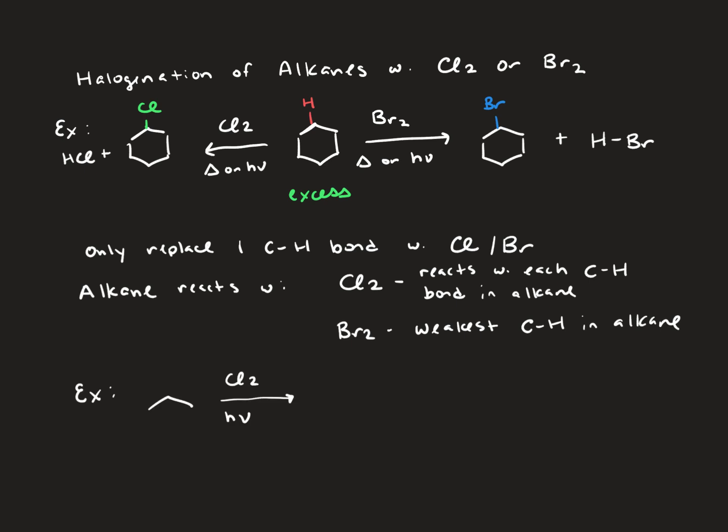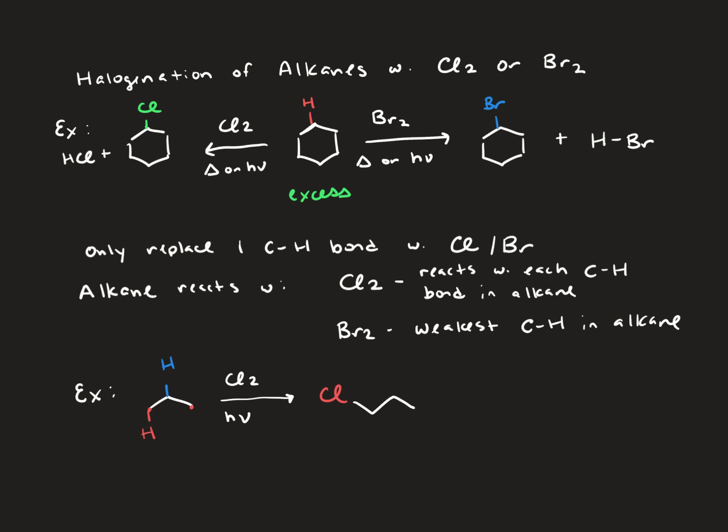So let's look at an example here. If this is our example, we have 2 possible places where this can react. We have primary CHs. There are 6 of these, 3 on each of the end carbons, which I'm going to mark here in red. And there are 2 hydrogens on this carbon in the middle. And so the possible products we can form here are, we can react with the end hydrogen to put our chlorine here on the end of the molecule.